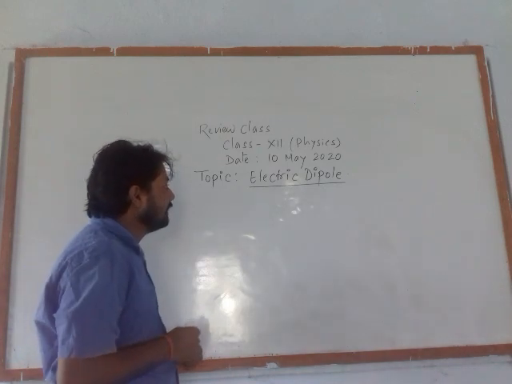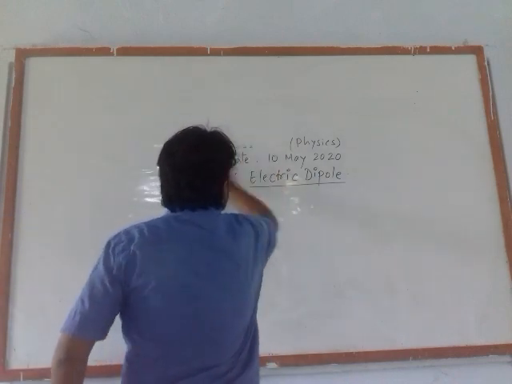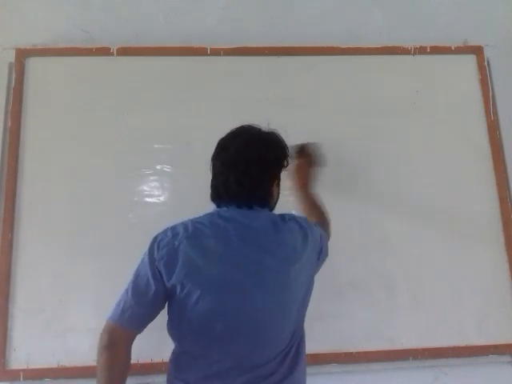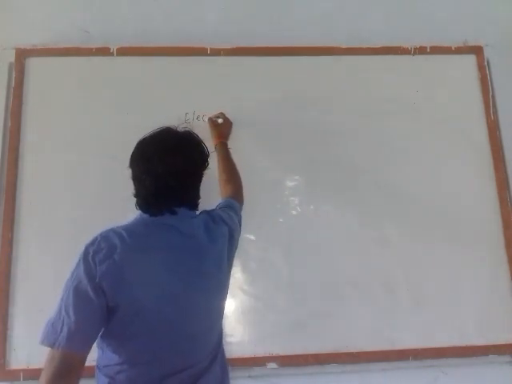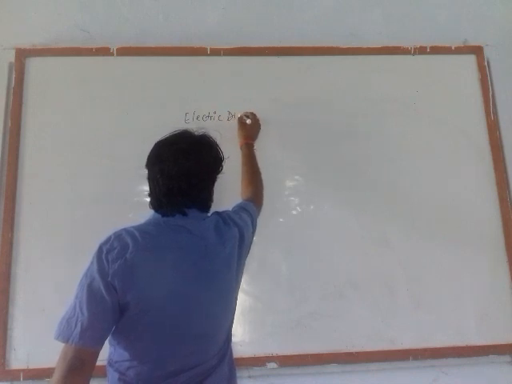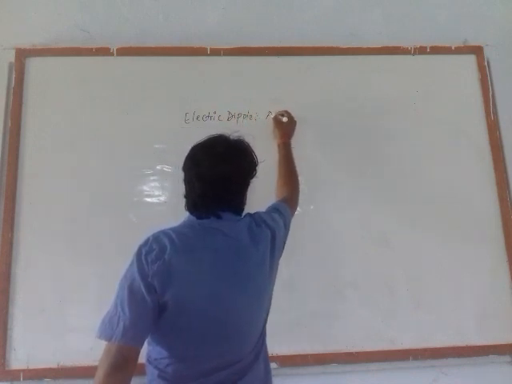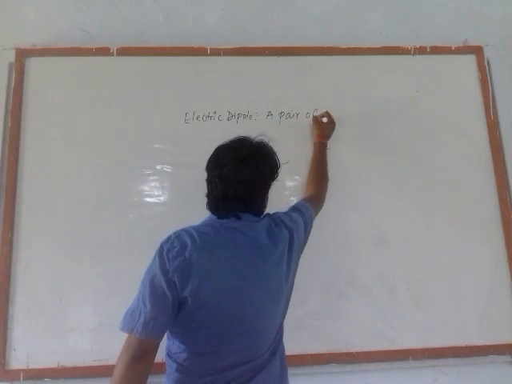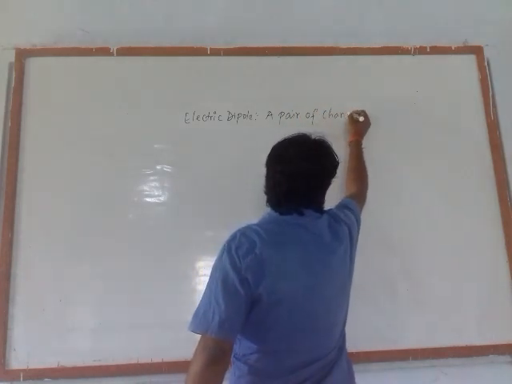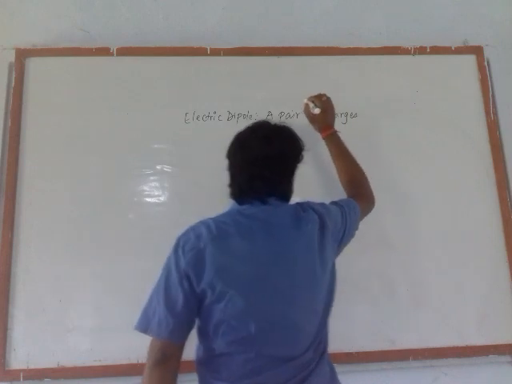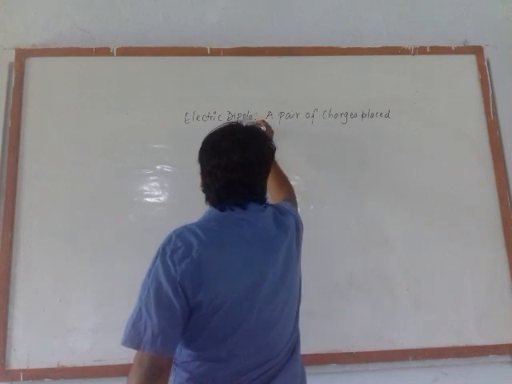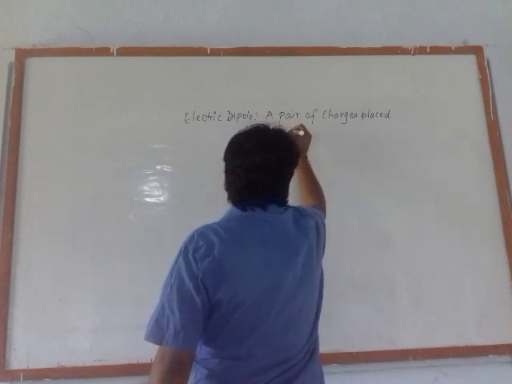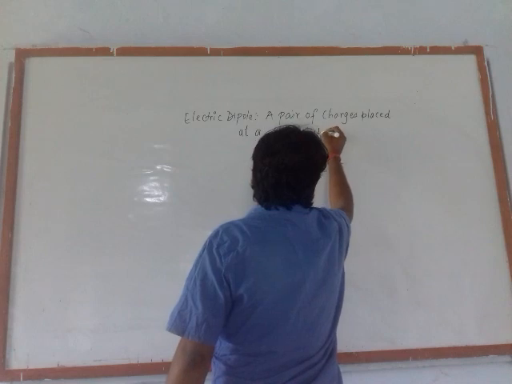So let us start from electric dipole. This electric dipole is simply a pair of charges, you can say, placed at a short distance.